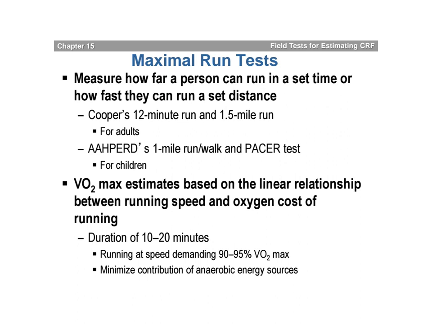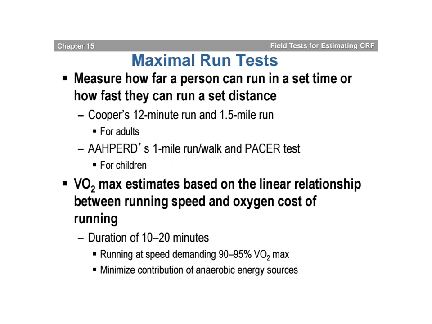So that's a very good test for children. They do need some instruction on how to pace themselves with this run walk. But other than that, it works very well. And then there's the PACER test. And the PACER stands for Progressive Aerobic Cardiovascular Endurance Run. And we're going to talk more about that later. But both of these are very good tests. They work really well with children to measure their fitness.